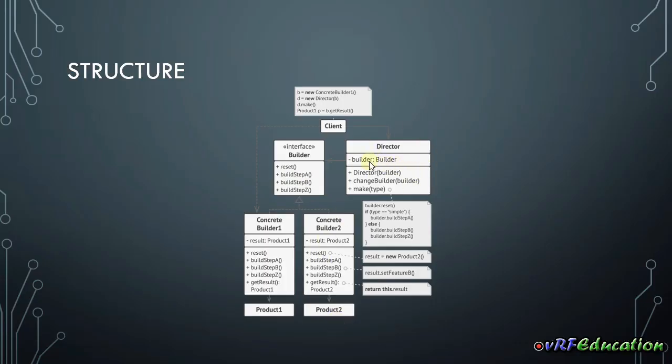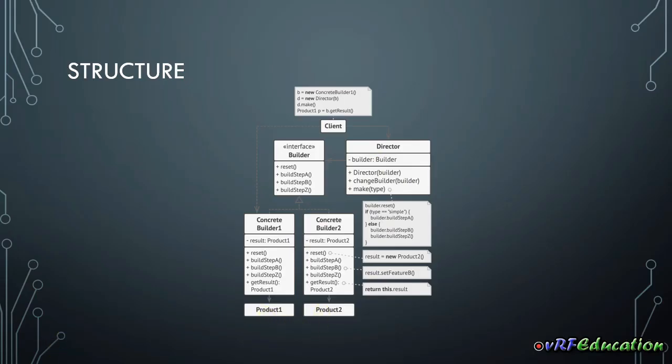We need to pass an instance of one of the builder classes to this director, and then use the functionality of the director class, such as the make method, to create an object using these builder classes. So the director is the main entry point of the pattern inside our code, and we need to pass a builder class in order to get these products from that specific builder class.